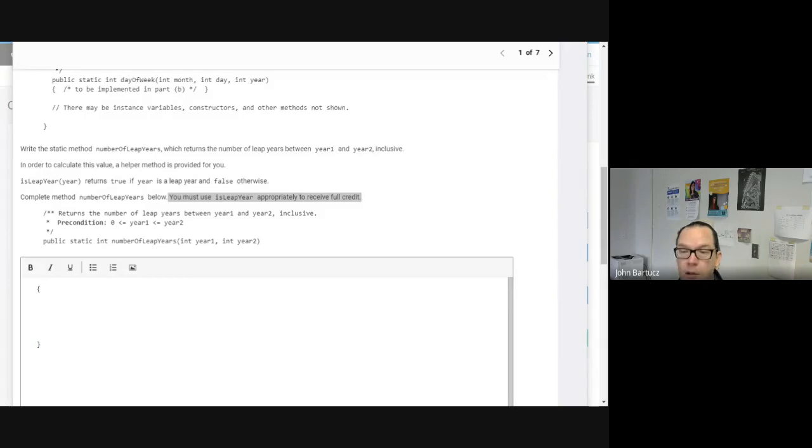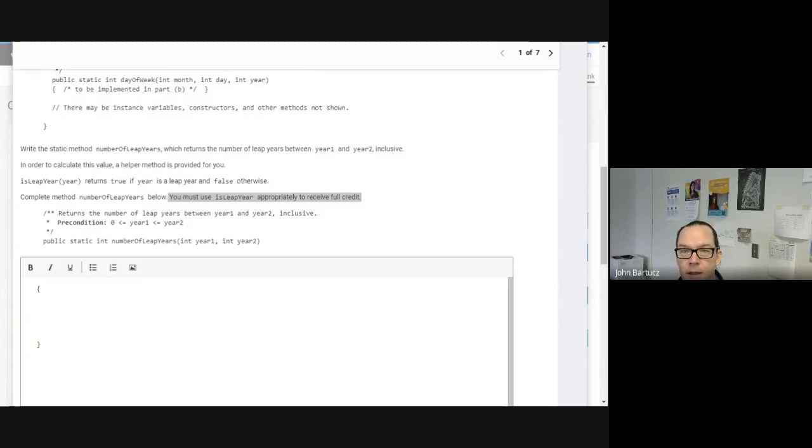Generally speaking, you use a while loop when you don't know how long or how many repetitions you have to get to the end, right? You don't know how many guesses the user needs to guess the secret number or the password or whatever. You use a for loop when you know exactly how many times you need to do something.